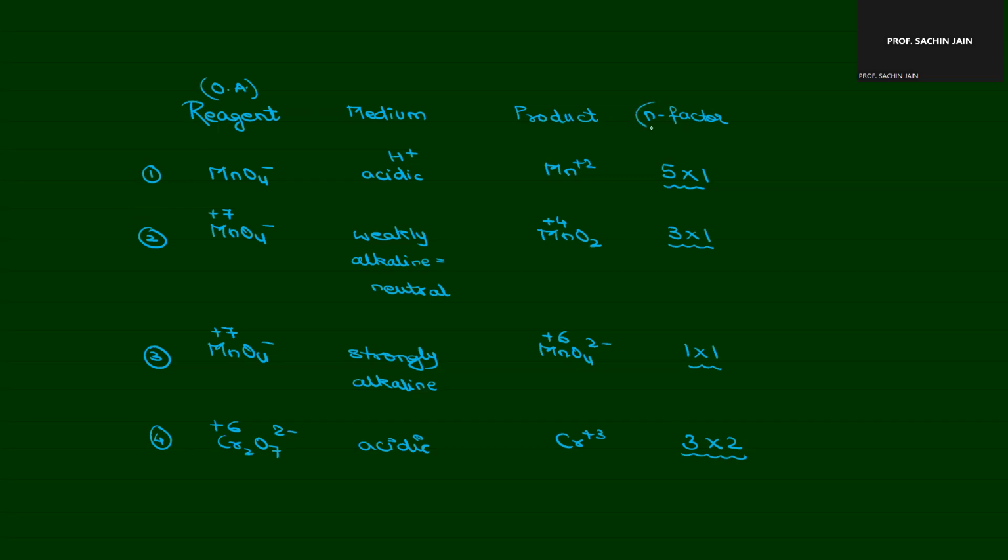If you know the N factor, you can calculate the equivalent weight in any of the mediums given for permanganate or dichromate. So that is the summary for the common oxidizing agents. With this, we complete the redox reaction with the last part of titration and the concept of the N factor used for oxidizing agents. Thank you.